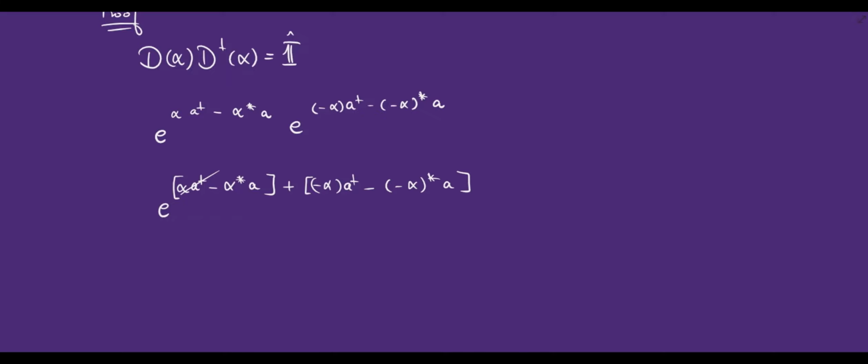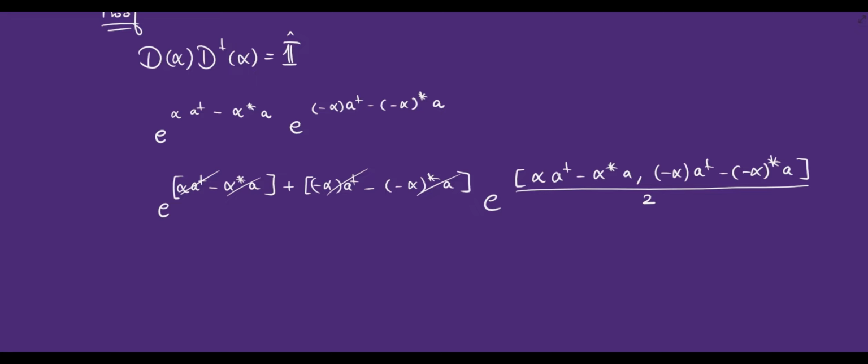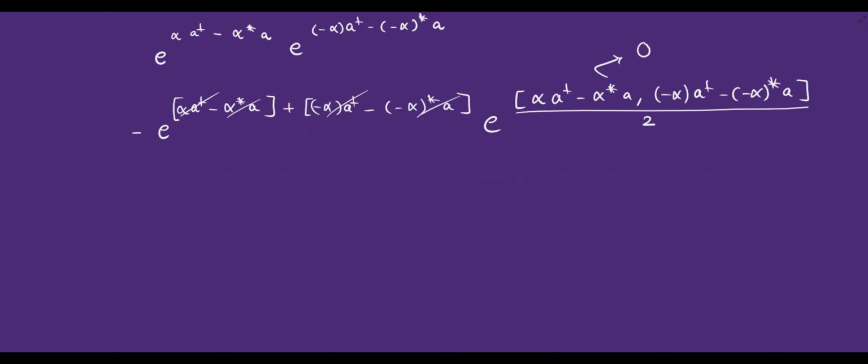So you see that this and this will cancel, this and this will cancel, and then there will be a commutator. So alpha a dagger minus alpha star a, comma, minus alpha a dagger minus alpha star a, this commutator, divided by 2. You can easily prove that this is equal to 0. I'm not going to do that.